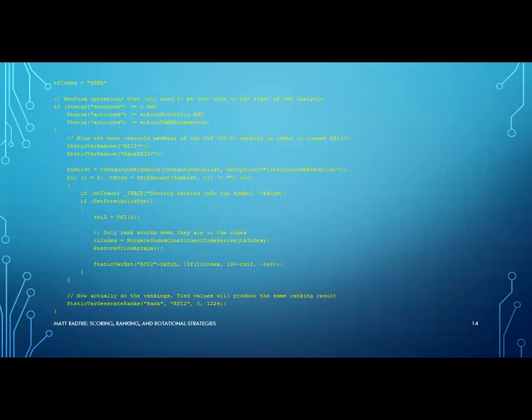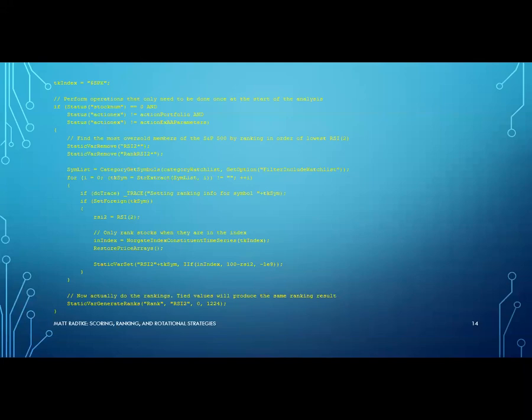Right, and the rank RSI2 comes from what we told AmiBroker. I'm going to go back a slide. In this last line, we told AmiBroker, when you generate ranks, I want you to start everything with the word rank, and then my variable started with RSI2, so AmiBroker uses that also, and then the symbol name, right? So those have to match.